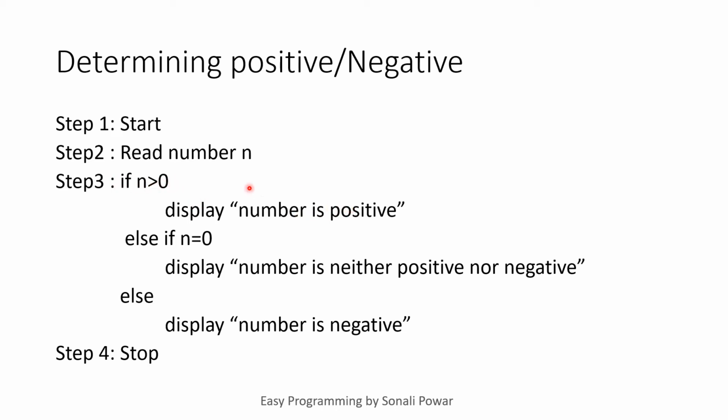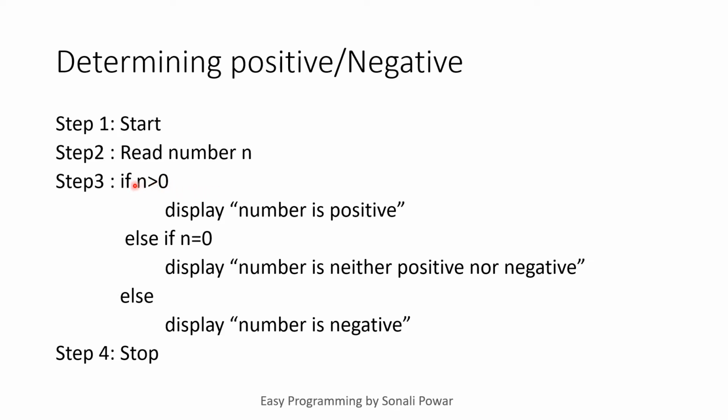Suppose the user enters 10 and this condition will be true, so it will display the number is positive, and after that it will not go into these two steps, directly it will jump to step number 4 as stop. Now suppose the user enters the value 0.